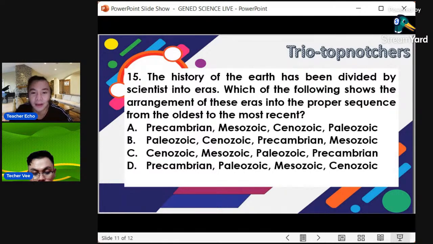Is it A, Precambrian, Mesozoic, Cenozoic, Paleozoic? Letter B, Paleozoic, Cenozoic, Precambrian, Mesozoic. Letter C, Cenozoic, Mesozoic, Paleozoic, Precambrian. Or letter D, Precambrian, Paleozoic, Mesozoic, or Cenozoic.